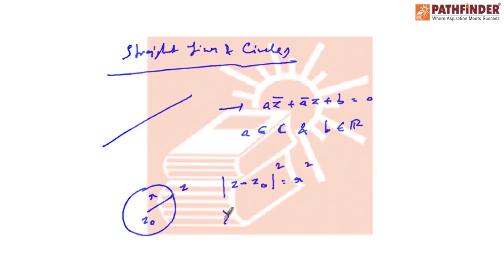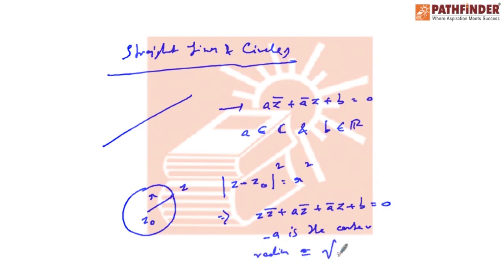Squaring both sides and simplifying, we get the general equation of a circle as z z bar plus a z bar plus a bar z plus b equal to 0, where the center is given by z0, that is minus a, and also the radius r is given by square root over mod a square minus b. So these are two very important concepts to be kept in mind to solve problems.